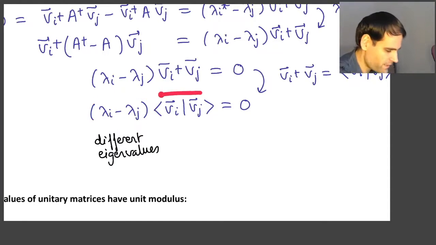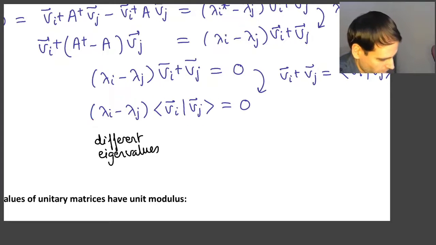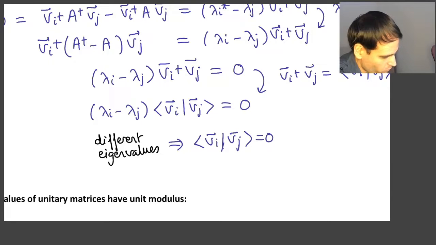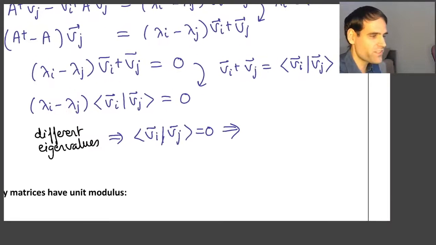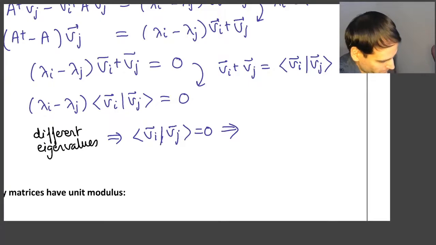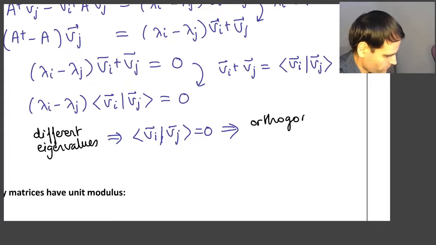So then this must be equal to 0, which means that v_i and v_j are orthogonal. Beautiful proof.